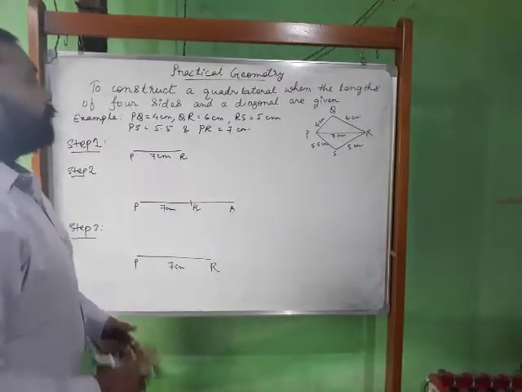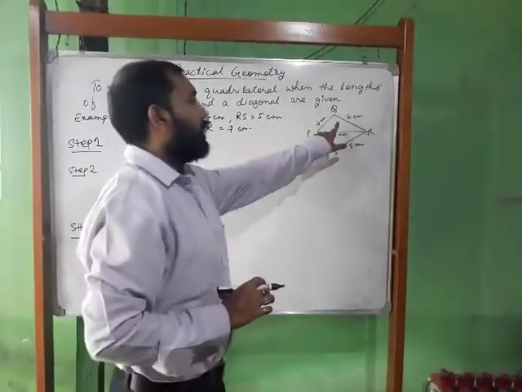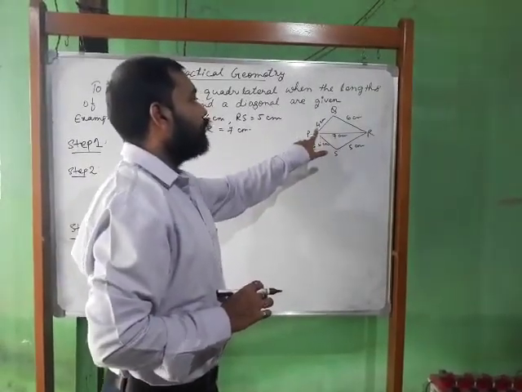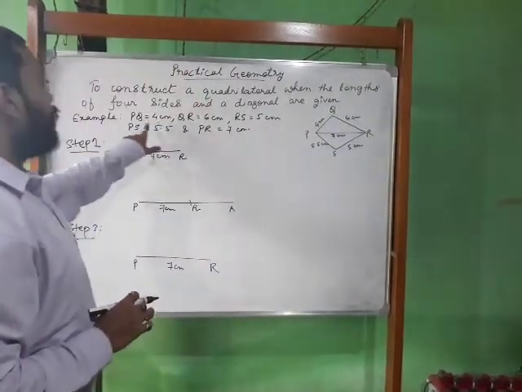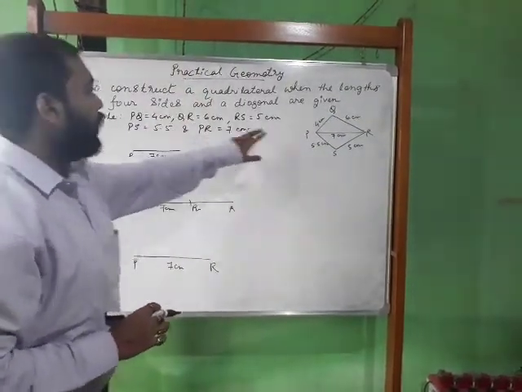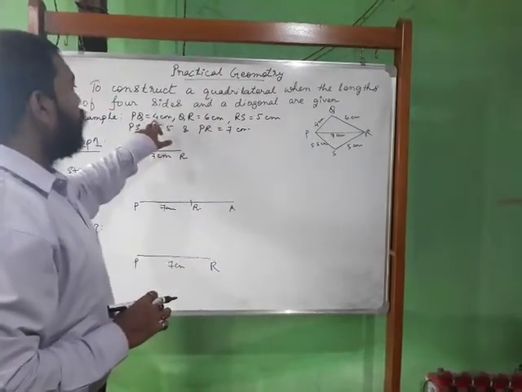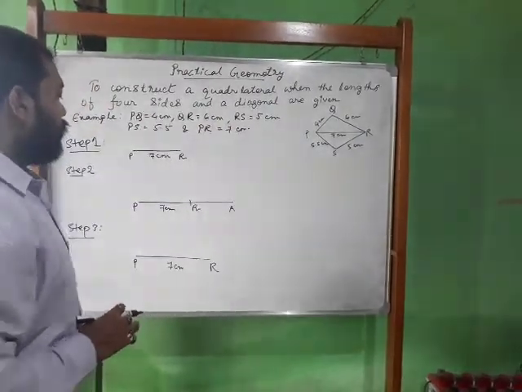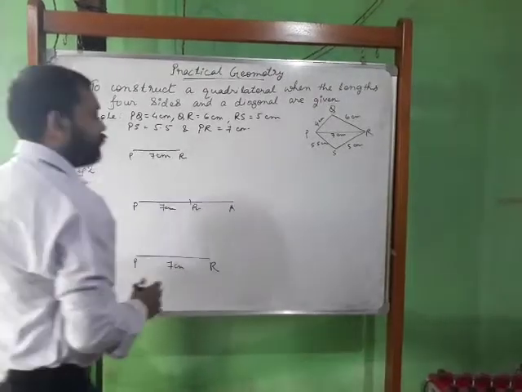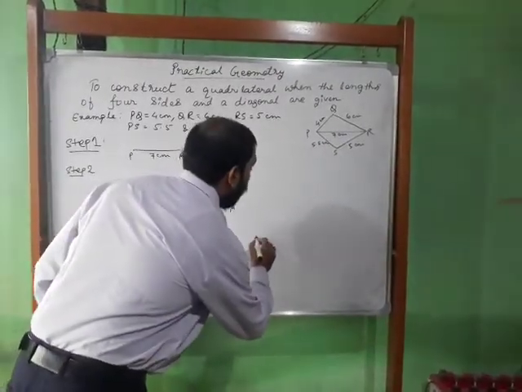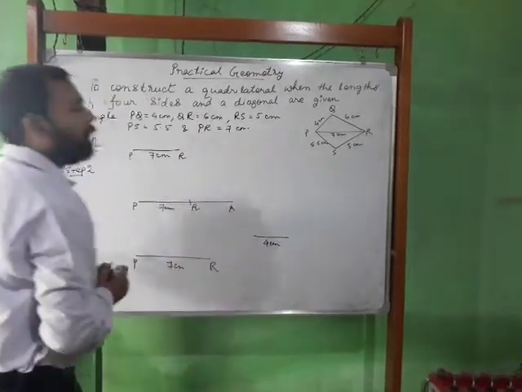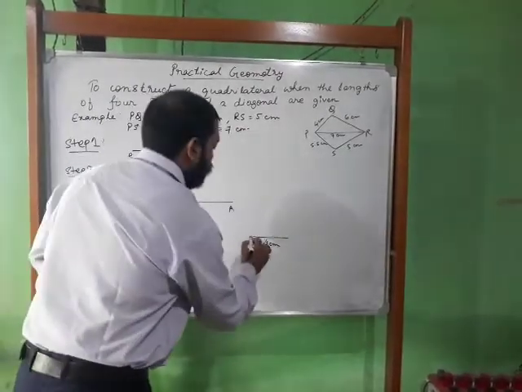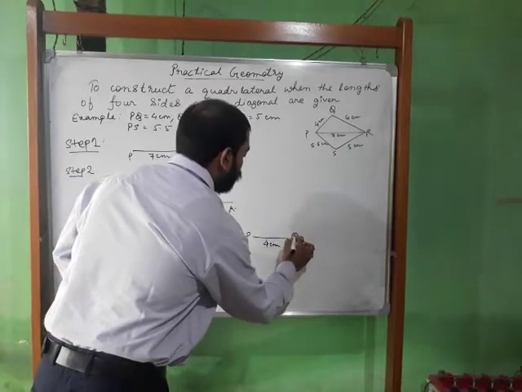Now you can see in this rough sketch, we have taken PQ as 4 cm, as already mentioned in the question. So let us draw a line segment of 4 cm with the help of your measurement scale and name it PQ.